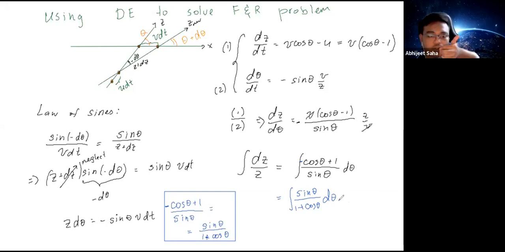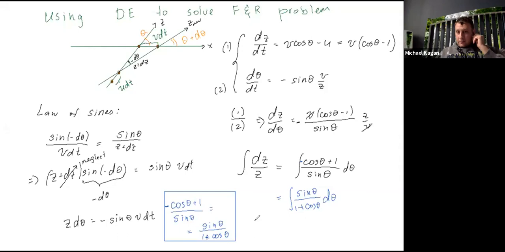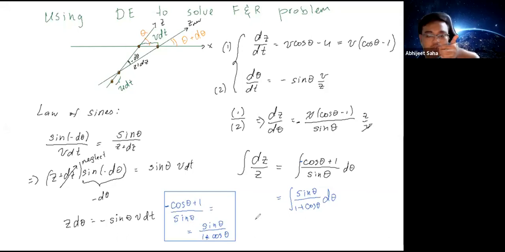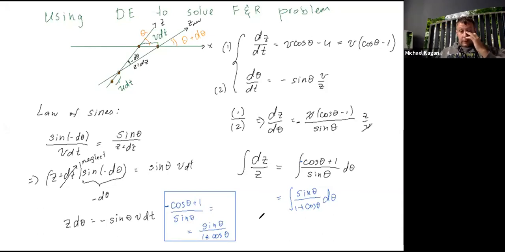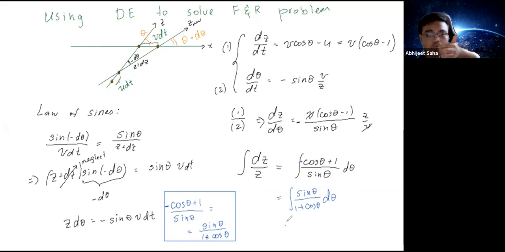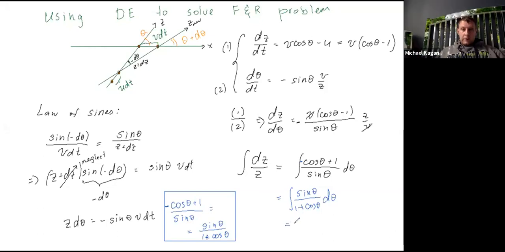U equals cosine theta. What's that? Do you just do U sub? You could, yeah. So what does it give us?